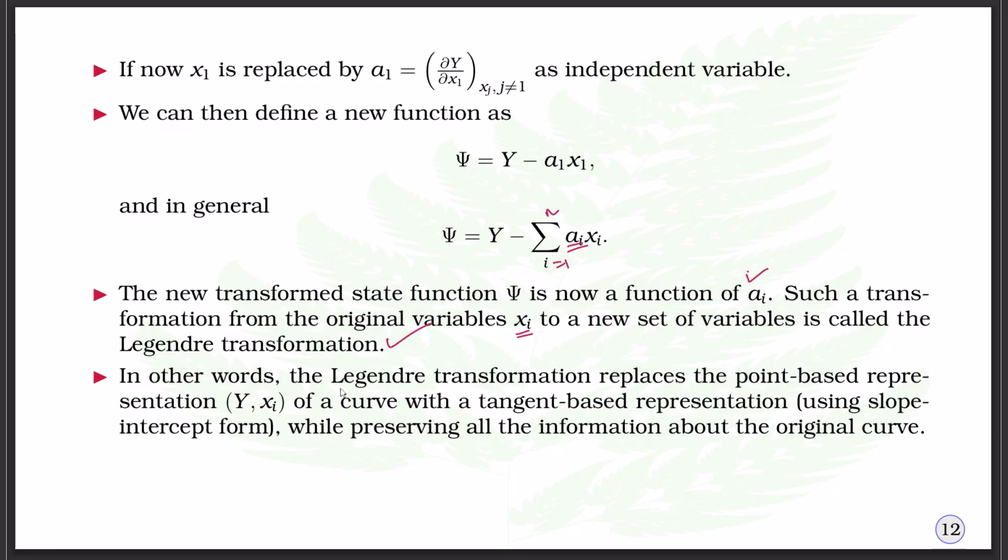In other words, the Legendre transform replaces the point based representation y comma xi of a curve with the tangent based representation, using slope intercept form, while preserving all the information about the original curve. No information is lost from the original function.